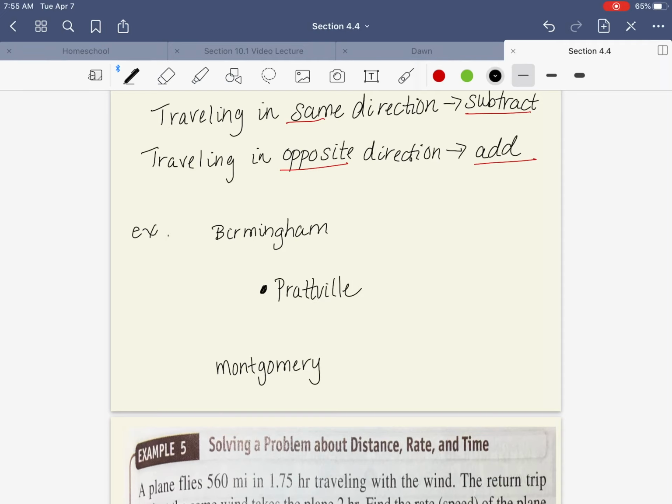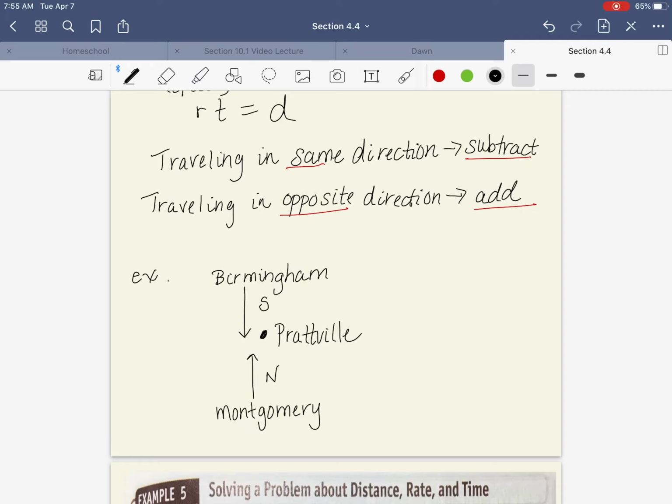So that means the car coming from Montgomery is traveling north, and the car coming from Birmingham is traveling south. That means that they are traveling in opposite directions, so you would add. Opposite directions, add. If they're going in the same direction, so let's say two cars leave Montgomery and they're both going to Prattville, then that means they're going in the same direction, and you would subtract.